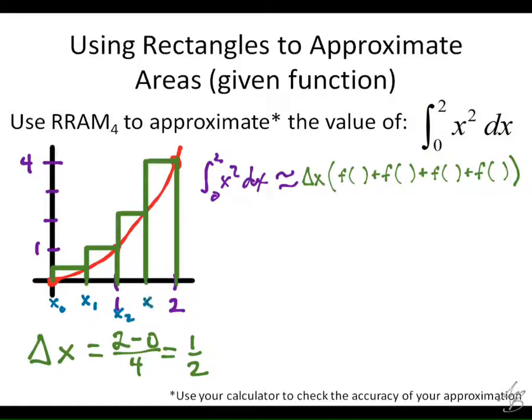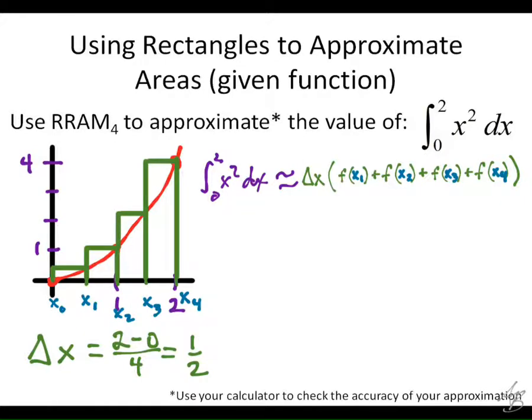The right endpoint of the third subinterval, x sub 3. And the right endpoint of the fourth we'll call x sub 4. Now, obviously, we're going to have to figure out what each one of those is, but I could just put those into this right here to get a formula of sorts. Since we're using the right endpoints, we're going to have x1, x2, x3, and x4.